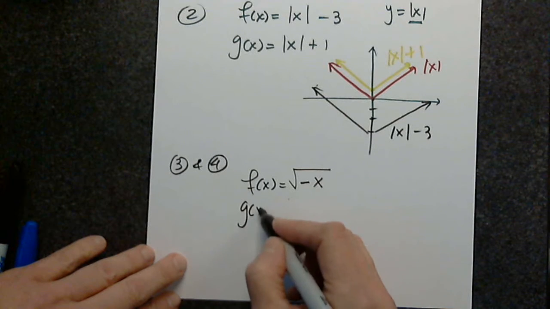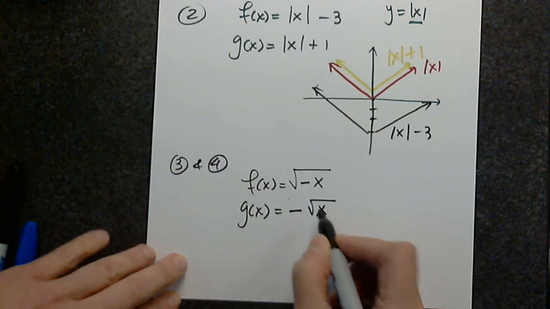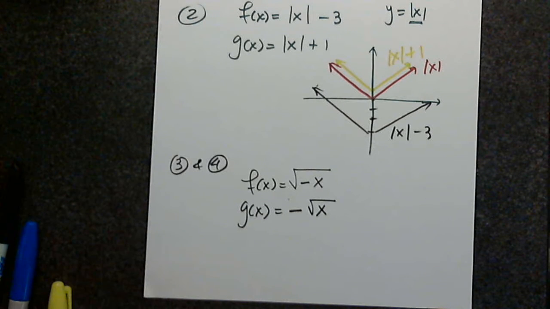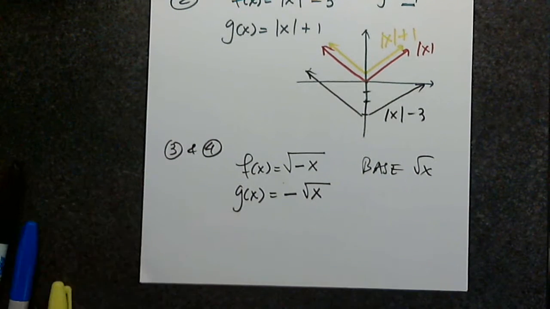I'm going to pick g of x as negative the square root of x. Okay, again the same question. Which function did I use to create these two new functions? Yes, I used the base function, the square root of x. Perfect.